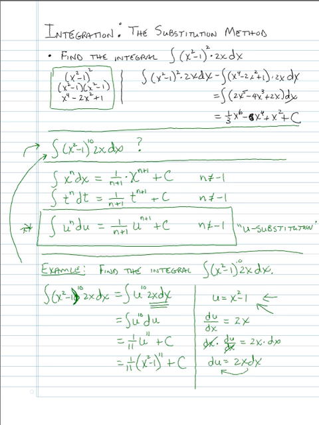Now, I challenge you to stop this video and check by calculating the derivative of our answer. I'm using the excuse that I'm out of room here. Calculate the derivative of our answer and see that, in fact, you get x squared minus 1 raised to the 10th power times 2x.